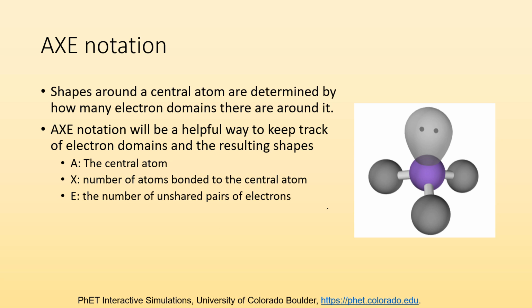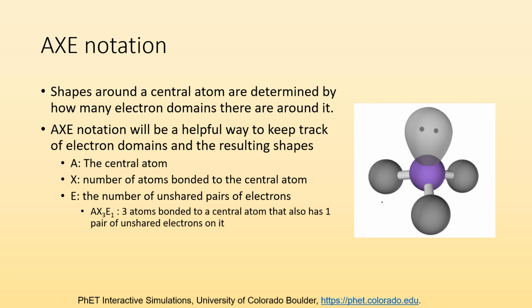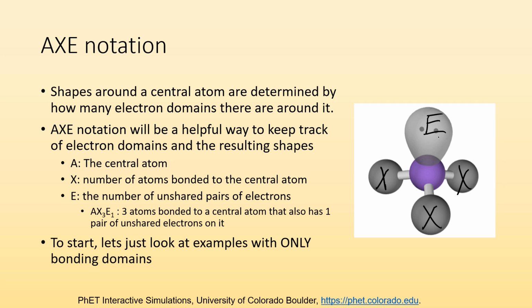So with the example that I'm showing right here, the AX notation would be AX3E1, right? The subscript 3 tells me that there are 3 atoms bonded to that central atom, but there's also 1 pair of unshared electrons. So these would be the X's, there's 3 of them, and this would be the E, and there's 1 of them. So it'd be AX3E1. To start, let's just look at examples with only bonding domains, as a jumping off point.